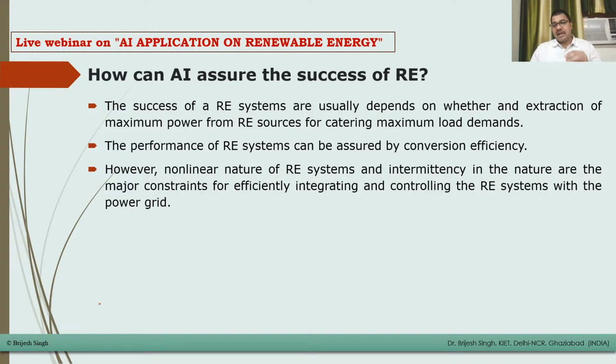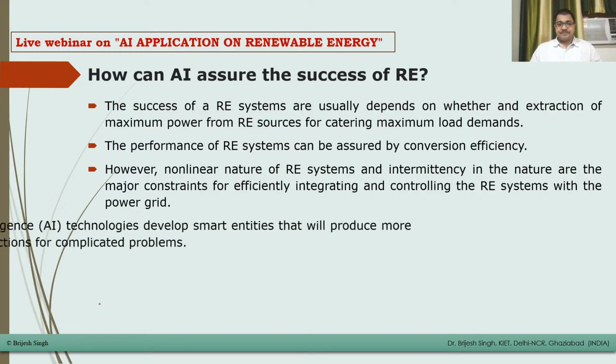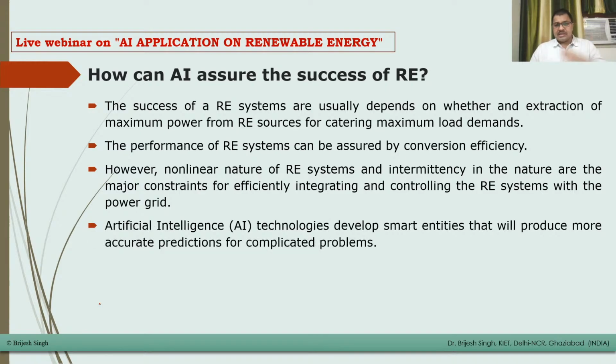So AI will help in that situation. Now, these are the opportunities for any student or learner, where we can apply artificial intelligence technology, in what way we can apply AI-based technology for the renewable energy system.